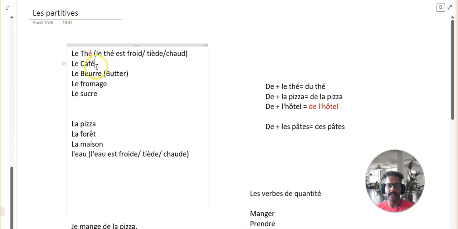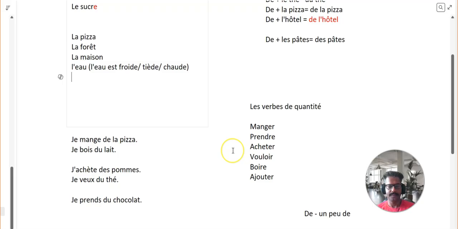Le thé is masculine, le café is masculine too, le beurre, butter, is masculine too, and le fromage, any word ending in age is masculine, le sucre, sugar. And these are the feminine exceptions: la pizza, la forêt, forêt is forest, la maison is house, and l'eau. It's very important, people get confused here a lot. L'eau means water, and it's also feminine in French.